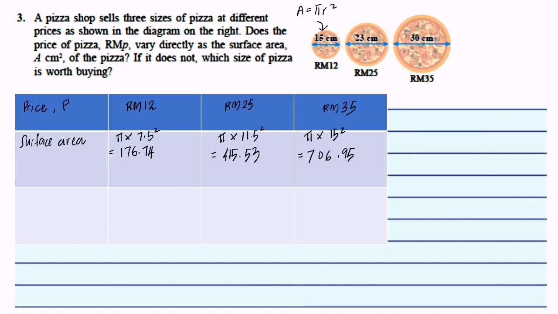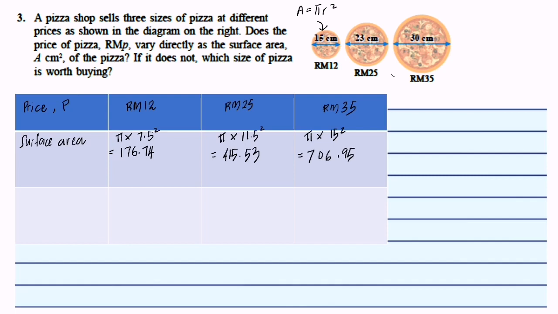Okay, so now if we want to determine whether the price of pizza RM P varies directly as the surface area A of the pizza, we need to find the constant. Okay, so how to find the constant?